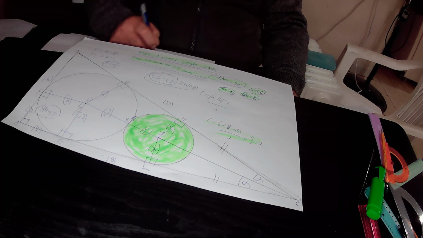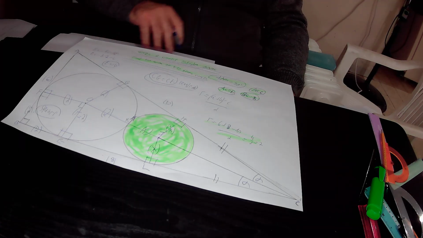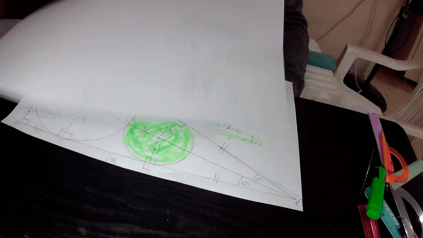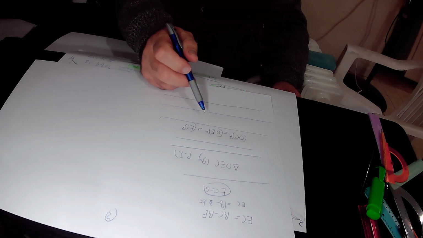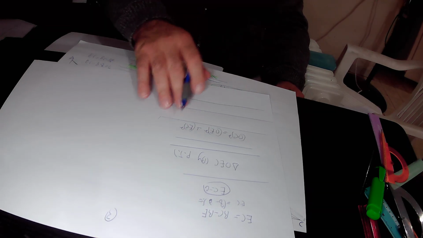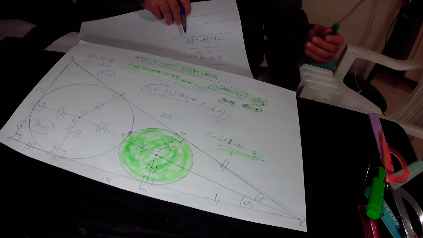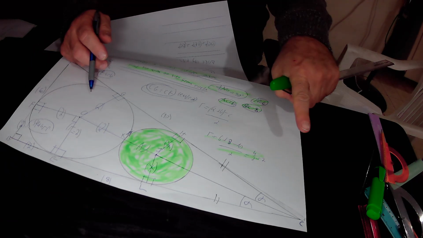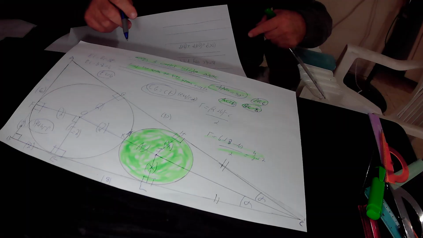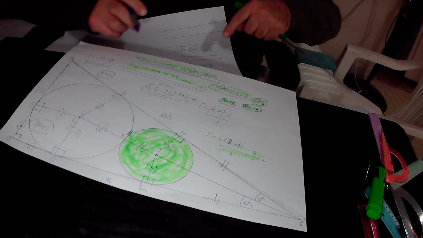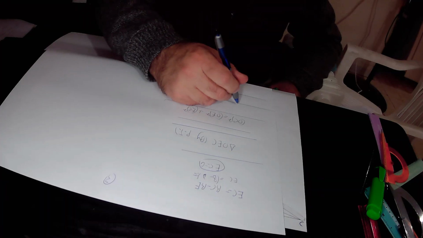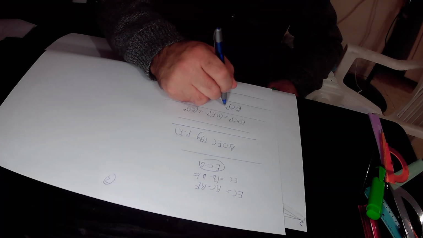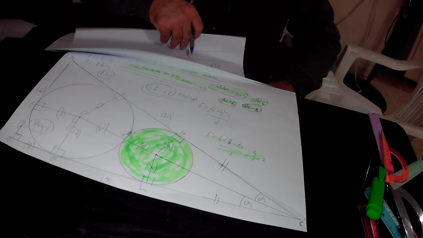And again, in the right lower triangle OEC, according to the Pythagoras theorem, OC square, that is the square of the hypotenuse, equals OE square plus EC square. OC is the missing hypotenuse, so we leave it as it is. So it is OC square equals OE square.